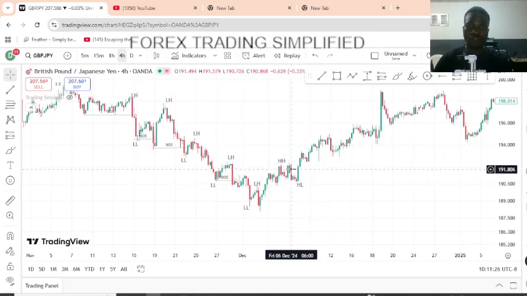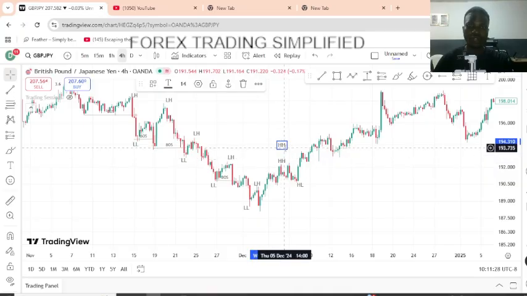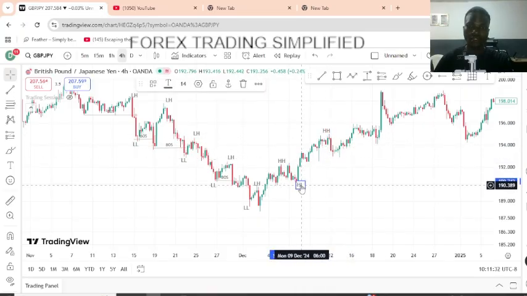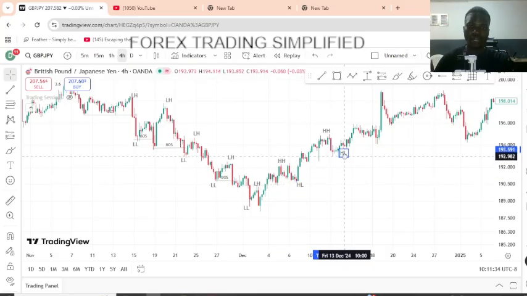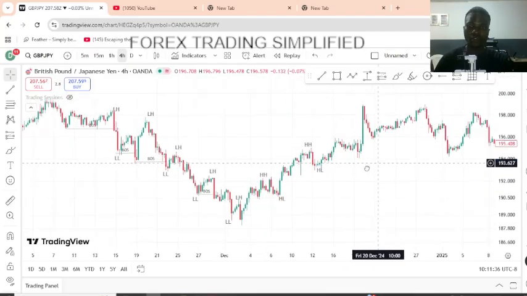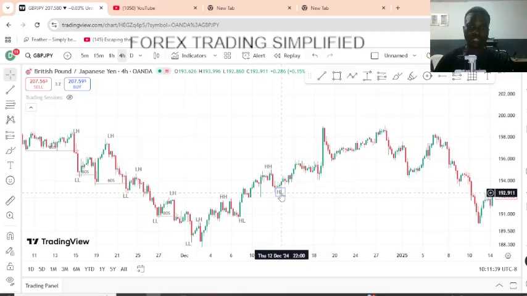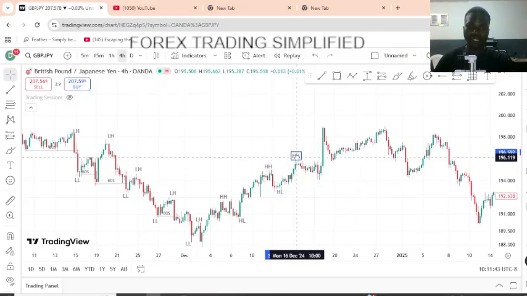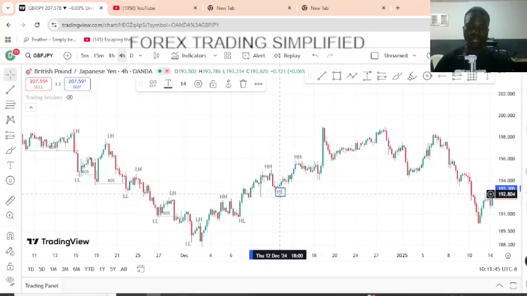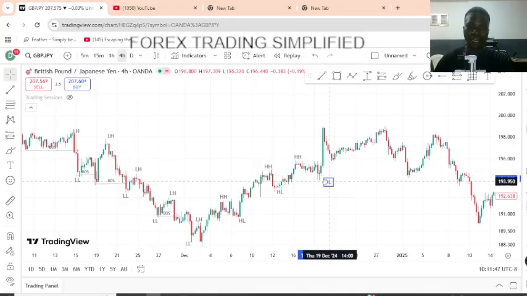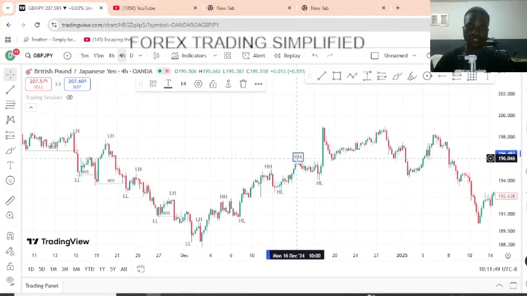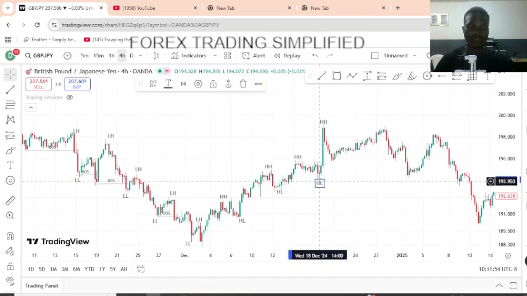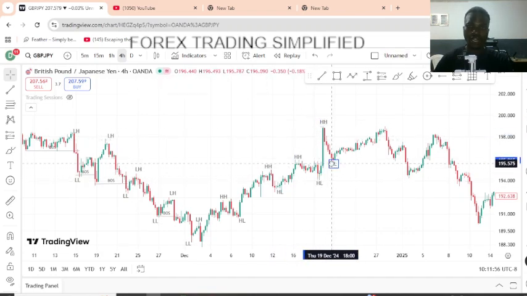We have our higher high here, higher high here, then we have our higher low here. Can you see how I am spotting it? So we have our higher high here, then we have another higher low here, then we have another higher high here, we have another higher low here.